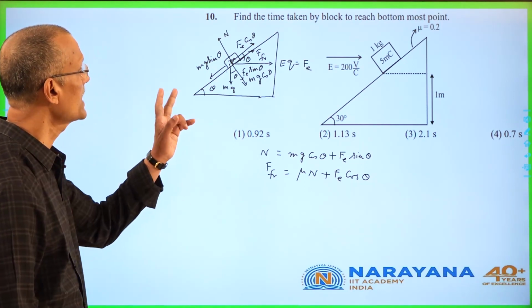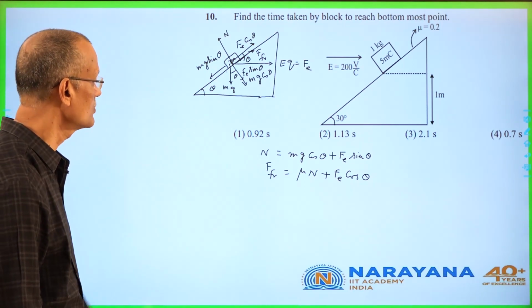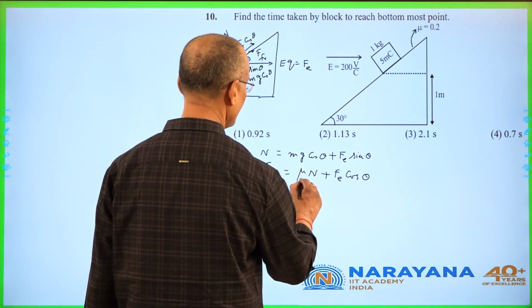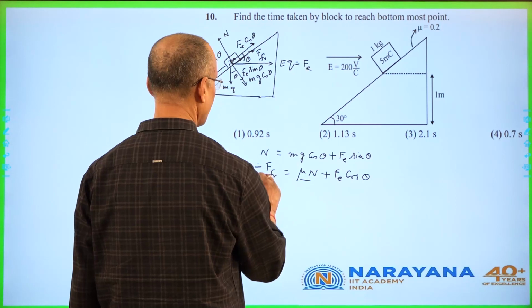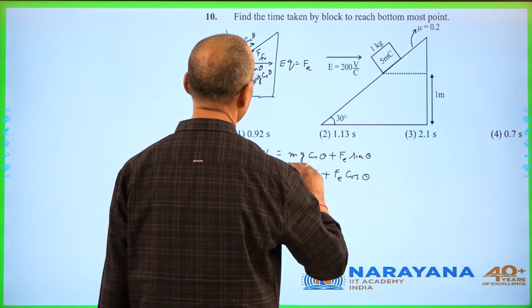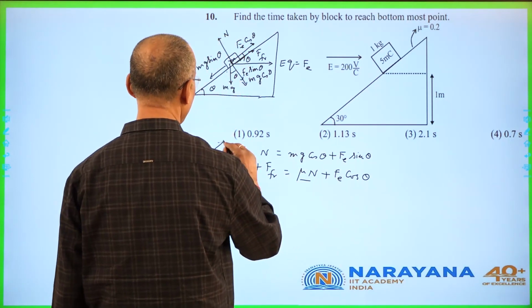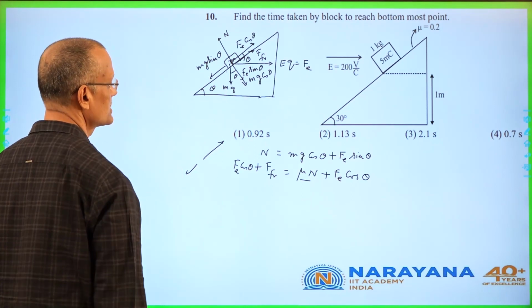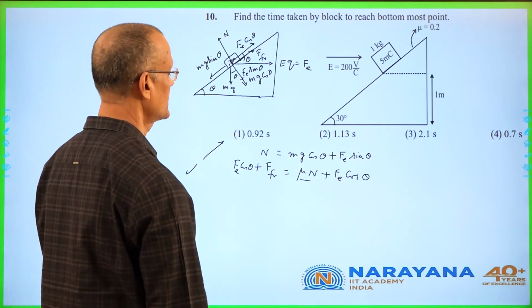They are asking you the time taken by the block to reach the bottommost point. So, this is force due to friction, mu into N plus Fe cos theta. These two forces are acting along the inclined plane in the upward direction, and in the downward direction only mg sin theta is acting.